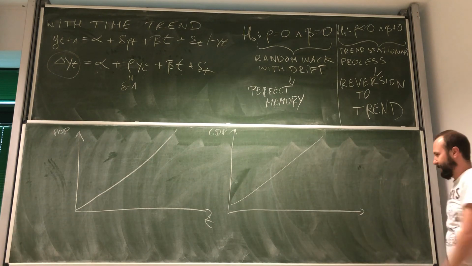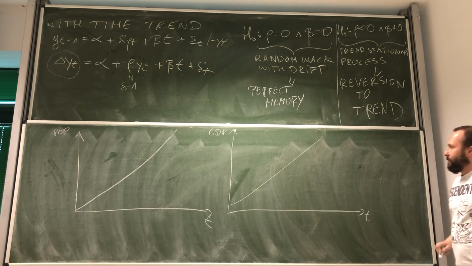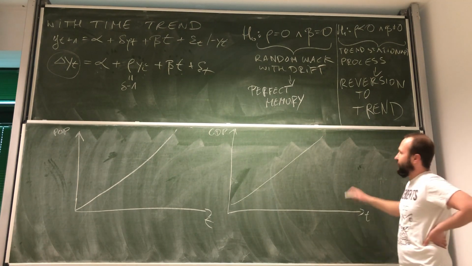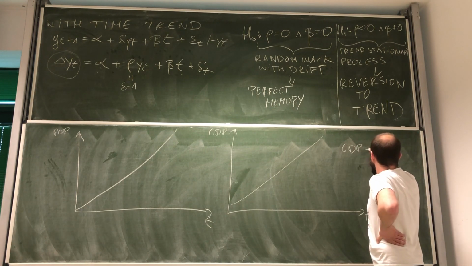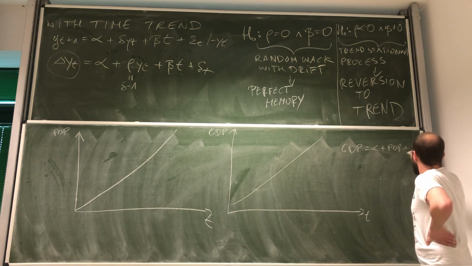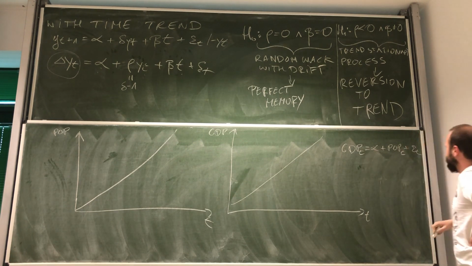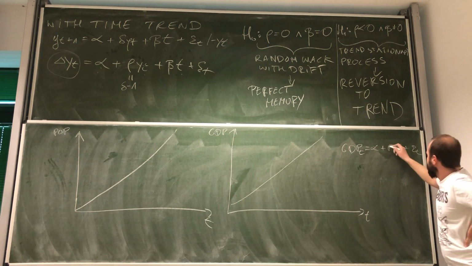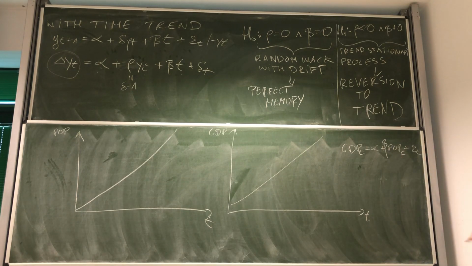Okay, for simplicity. Now look, if I'm going to make a regression of GDP on population, will I get an outcome that is beta that is statistically significant?